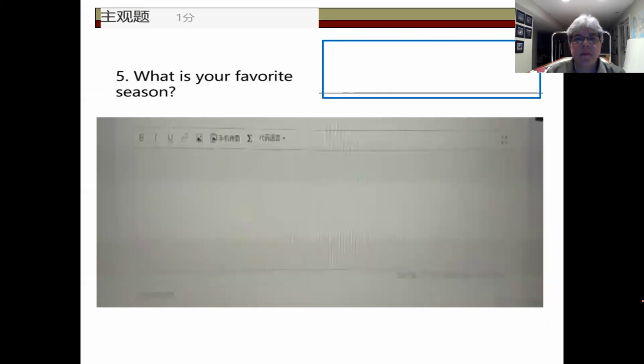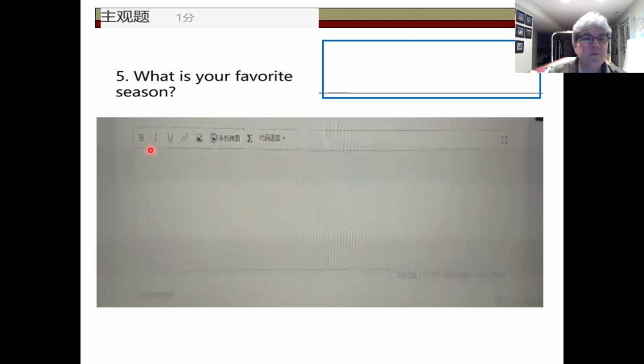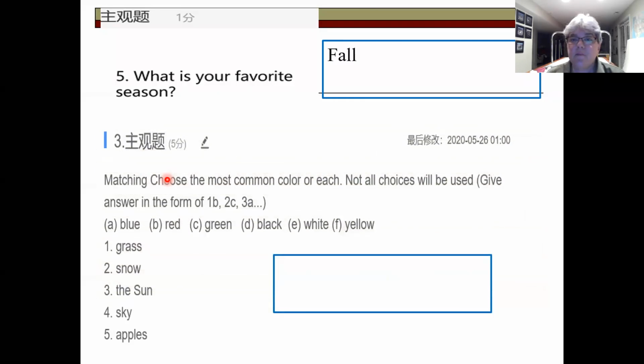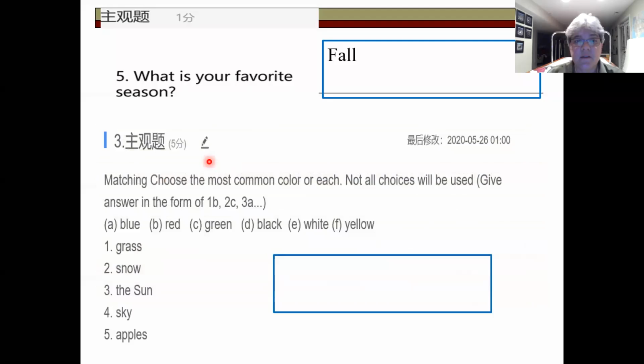All right, so on the last practice quiz, what is your favorite season? This is what it looks like. Here in this screen, you are just going to type your answer right here in that box. You type whichever one you like. For me, that's fall. For matching, same thing. You're going to have this box and you're just going to type your answer in the box.